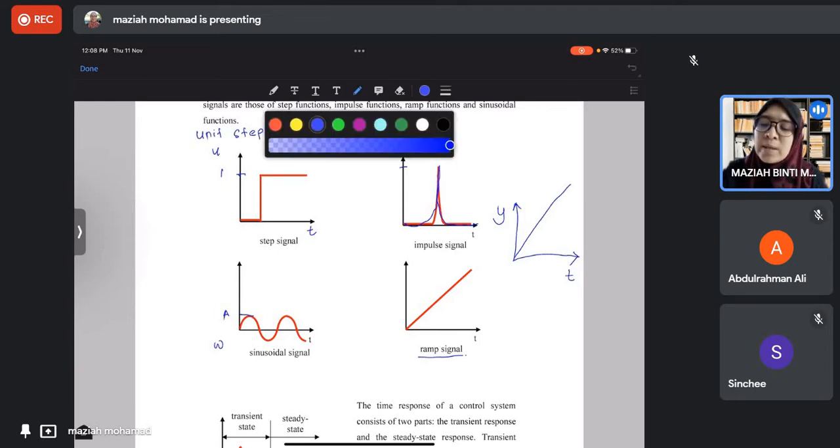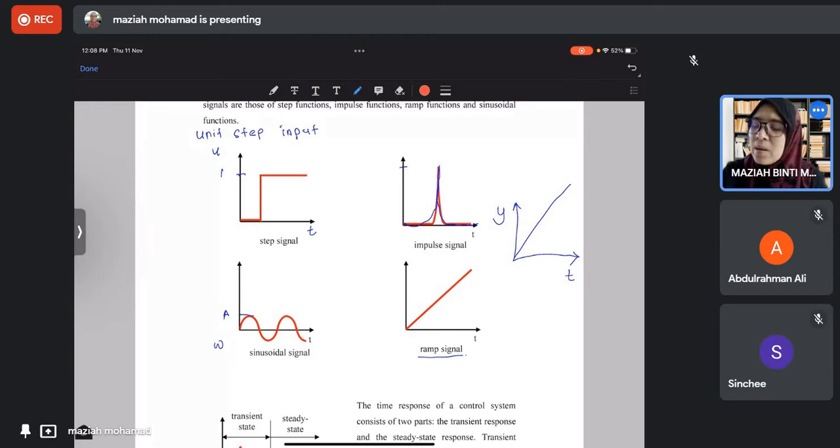It will depend on the type of input actually. So you can see the output variable will change with time when we apply the input. So this is what we call time response analysis, or for short, time response.